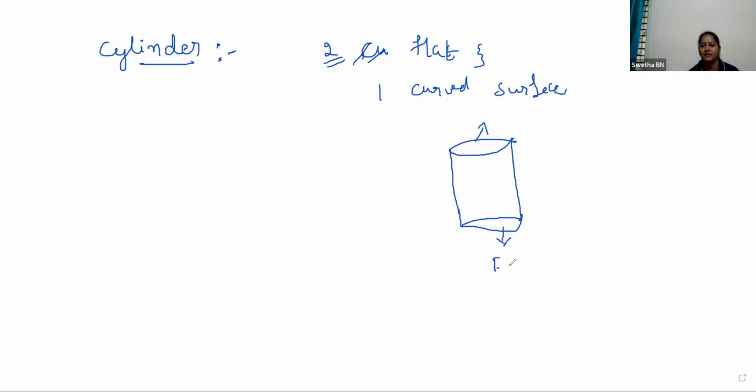These two are flat surfaces, and this is the curved surface. Okay, and what is the curved surface of a cylinder? Do you remember the formula?